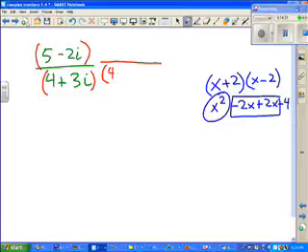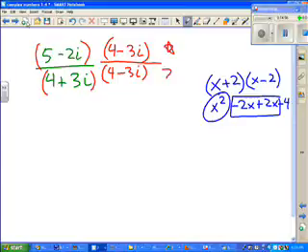So I'm going to multiply by 4 minus 3i, because that'll get rid of all my i's in the denominator, and that will be a good thing, because I don't want any imaginary numbers in the denominator. Anything over itself is 1, so 4 minus 3i over 4 minus 3i is just 1.